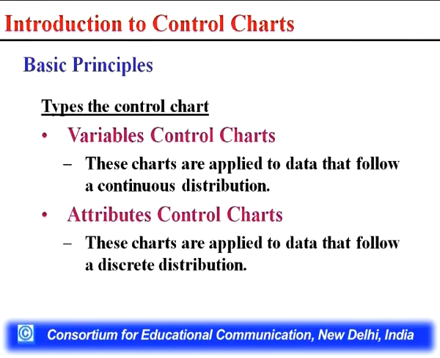On the other hand, the second type of charts, which are called attribute control charts. These charts are applied to data that follow a discrete distribution. The first one is continuous distribution, the second one is discrete.